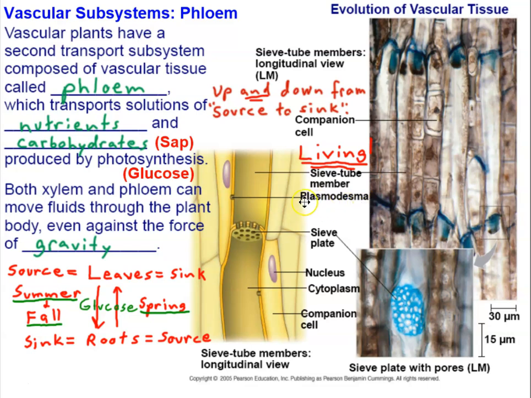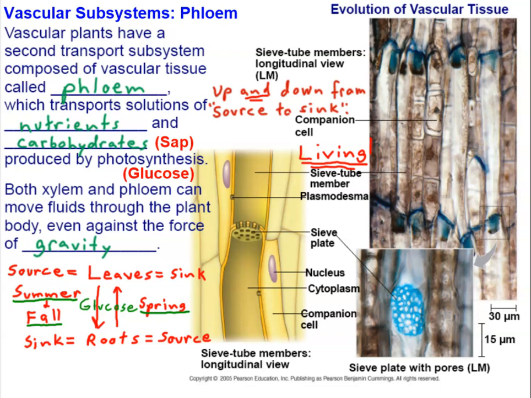That's quite a word, huh? Plasmodesmata. That's how the companion cell keeps the sieve tube member alive, by the connection between their cytoplasms. And so that's how phloem is constructed to be able to transport sap, but still be made up of living cells.